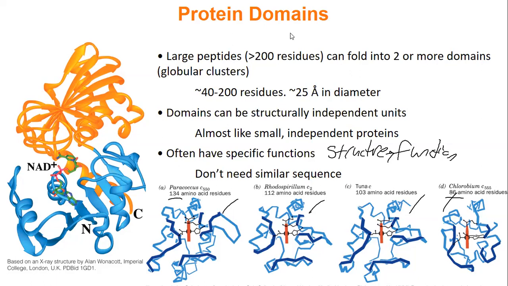So you can say, oh, this protein can also do this function. It's almost like a warehouse or an assembly line, where you can think of the assembly line as one unit, but each little station does something different. Domains are all part of the same protein, but each domain does something different.